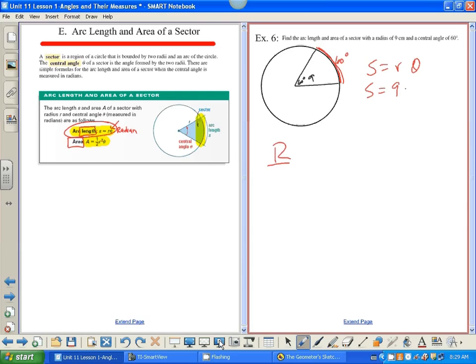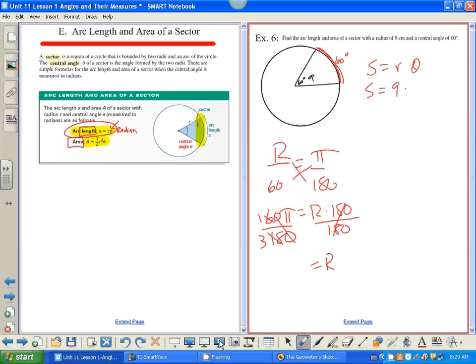So radians over degrees equals pi over 180. All right, they gave me that my degrees was 60. I'm going to cross multiply. So I have 60 pi is equal to the radians times 180. I'm going to divide by 180. I don't need a calculator because I'm keeping my answer in terms of pi. So the zeros cancel, and then 6 over 18 reduces to 1/3.